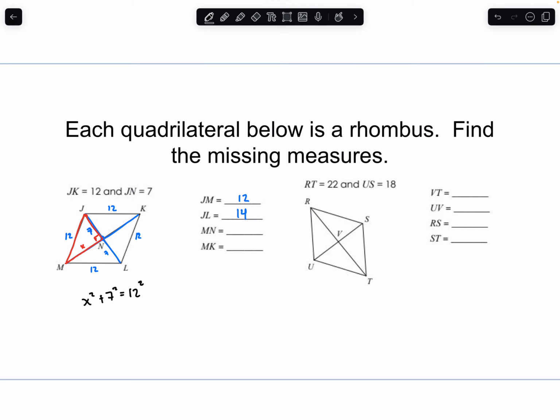I'm focusing on just that red triangle that I drew. If I do a little bit of math, I have x squared plus 49 equals 144. When I move the 49 over, I'm left with x squared equals 144 minus 49.